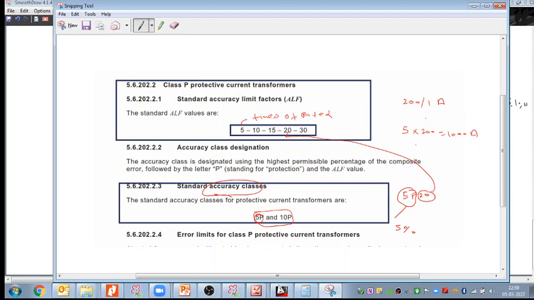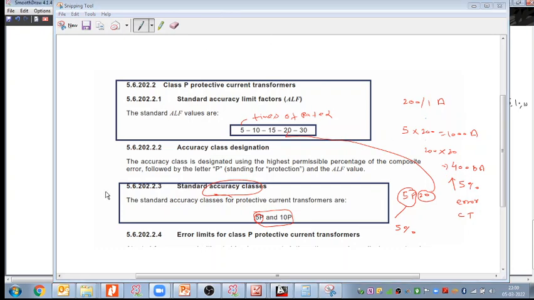Suppose my current is 200, then 200 multiplied by 20 is 4000. So up to 4000 ampere, the 5% error is guaranteed by the CT manufacturer. Beyond 4000 ampere, this error may increase, and what value it will reach is not guaranteed by the manufacturer.